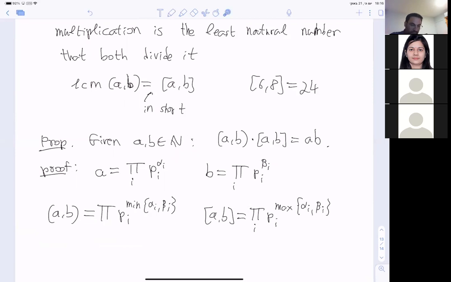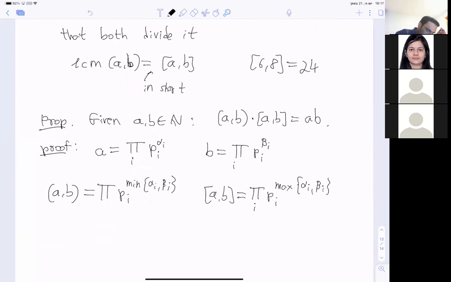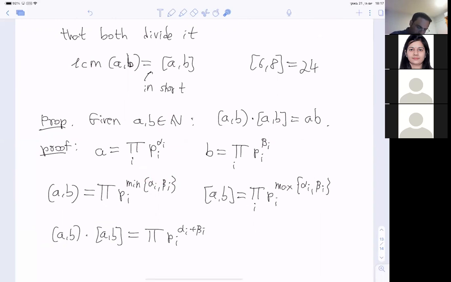By the way, maybe alpha is equal to beta, so minimal is the same as maximum. It's also possible. But then if you take AB multiplied with the LCM, you just get the product of p_i to the alpha_i plus beta_i, because either this is alpha and then this is beta, or the other direction.